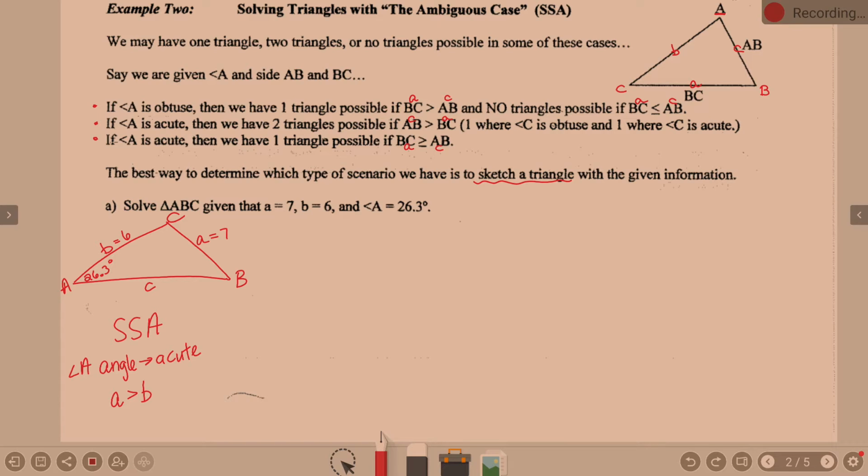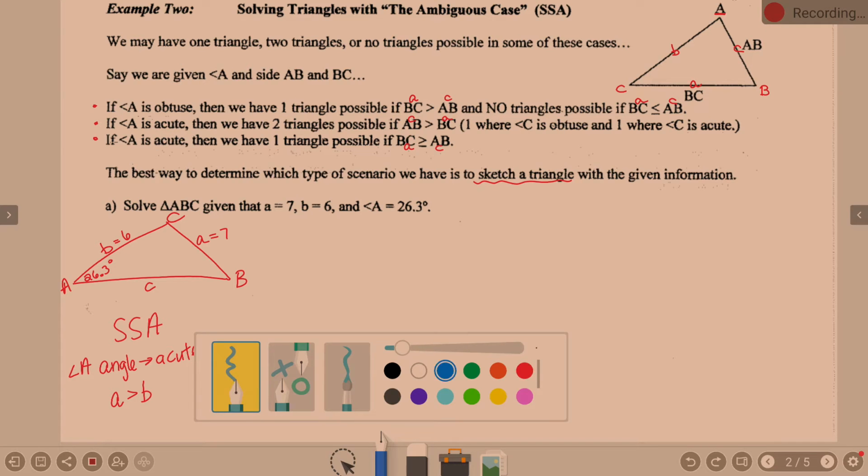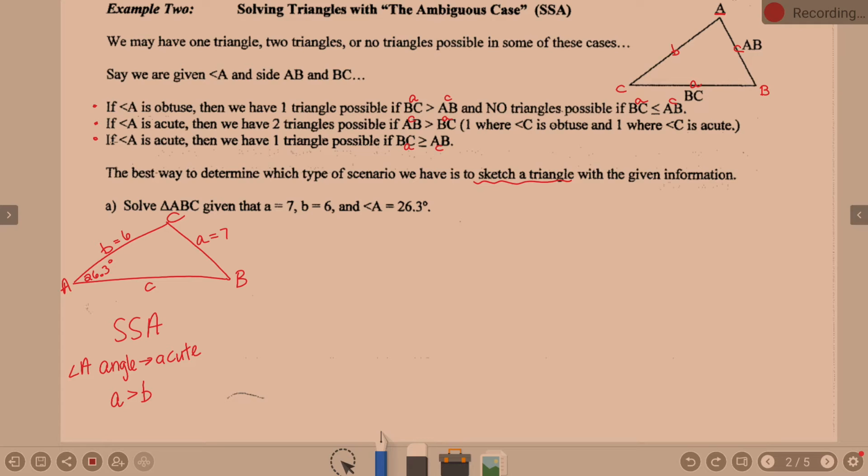What are we going to use to solve this? We're going to use the law of sines. Based on the information you're given, can you set up your law of sines? We're given the A information, and we're given side B. What must we find first?